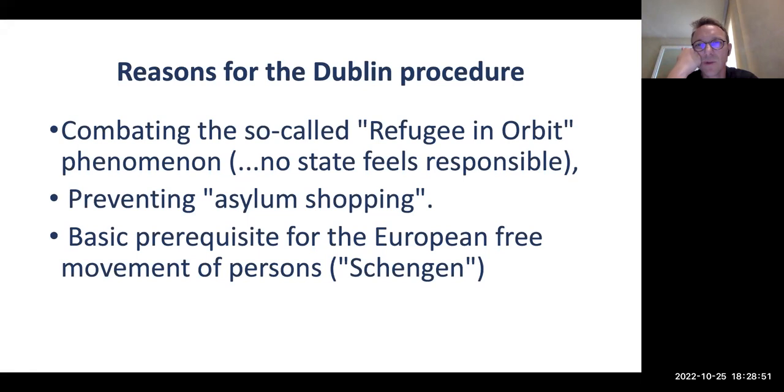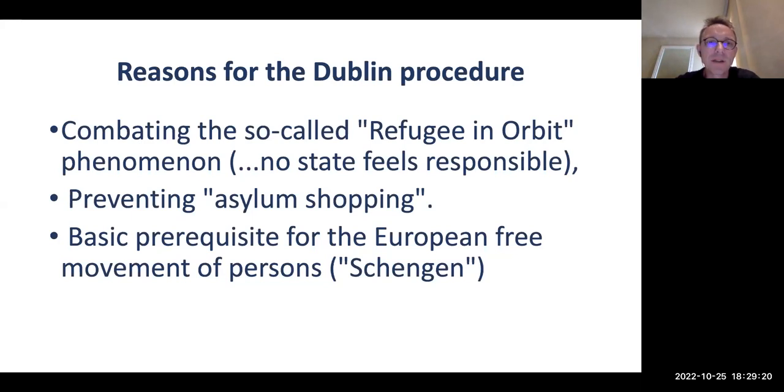So the Dublin procedure was a sort of response, saying, at least we determine which country is responsible, and this country needs to take up the asylum procedure. Also here, I will take you through some episodes of history showing that the Dublin system in this sense is also not really working very well.